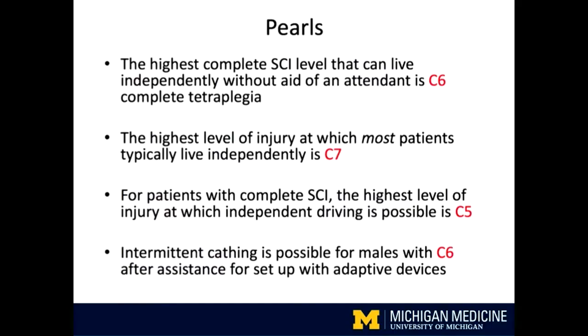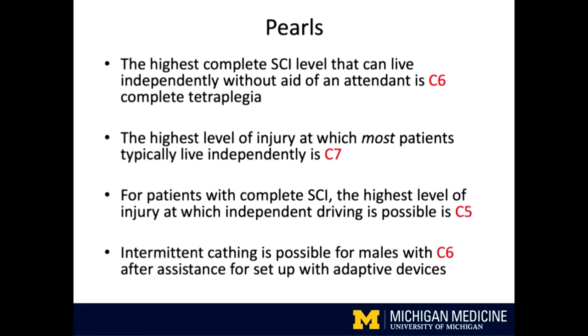Now, these are in red. I know that we have a lot of legislative reform coming up, and I know that a lot of patients at a certain neurologic level of injury, even thoracic and lumbar, still think they need 24/7 attendant care.